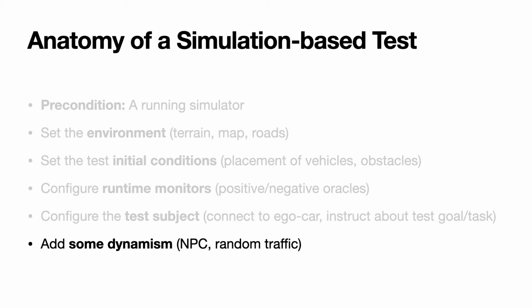The last piece for this part is adding some spice, some additional dynamism. For example, random traffic and controlling non-playing character cars. So here I'm not going to show the traffic API. You can read about that on the website because I consider that to be an advanced feature, so it will not necessarily fit this basic tutorial.